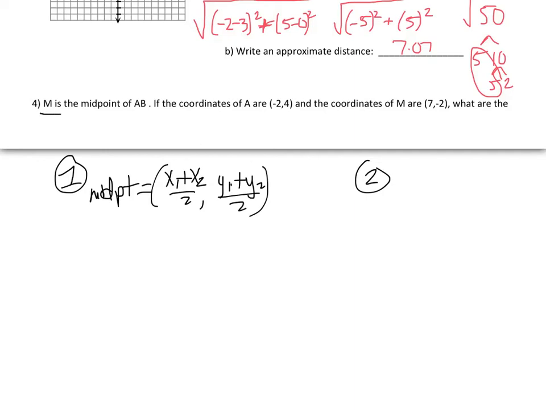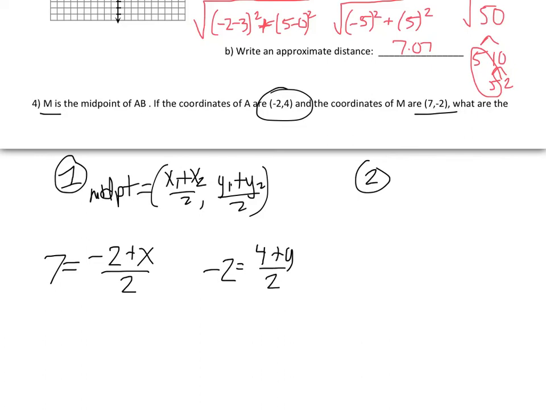M is the midpoint, and I was given the values for M. So the x value of the midpoint is 7. 7 is going to equal the average of the 2 x's. But remember, I was given one of the x's, negative 2. I'm trying to find the x on the other coordinate. And then the same thing for y's. I was given the midpoint y value as negative 2, and I was told that I have a y value of 4.